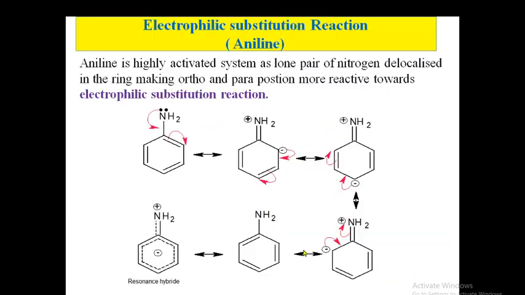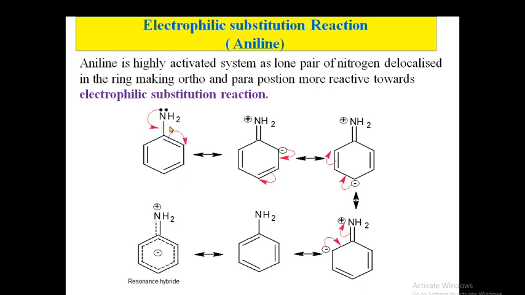Okay. Now let's go to the next point, the electrophilic substitution reaction in the case of aniline. So we are taking a case study here, aniline. Aniline, all of you know, is a highly activated system because the unshared electron pair present on nitrogen shows the plus R effect.